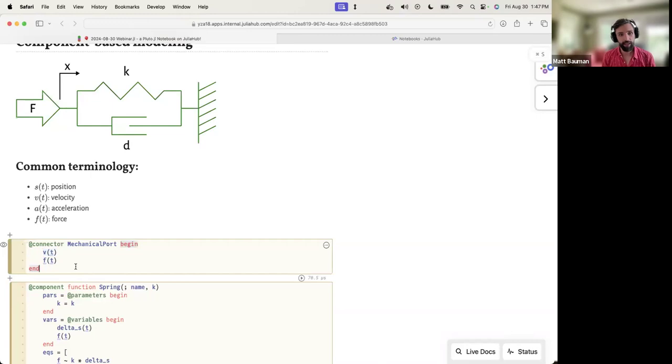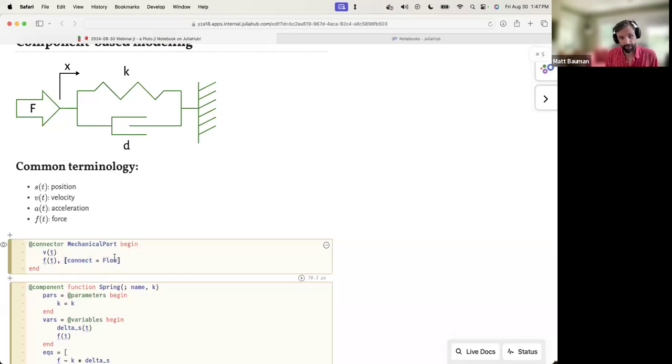And the way that we flag that in the language of connectors here is by saying that the force is a flow connector. This is just a little bit of a magic flag that we pass here. And this is not real Julia syntax, but rather a syntax of the connector macro itself, where we say this is our variable, and this is how we want this to connect through. We want it to flow through such that everything cancels out.